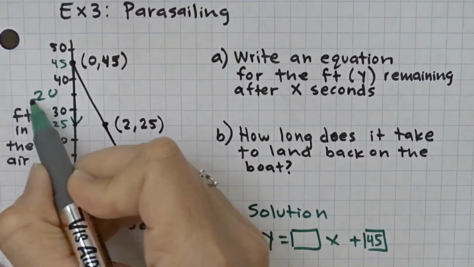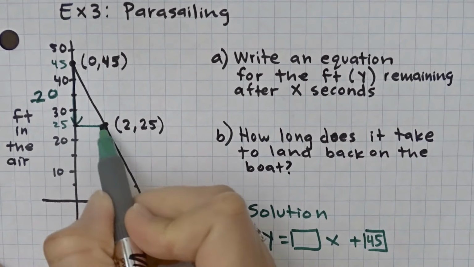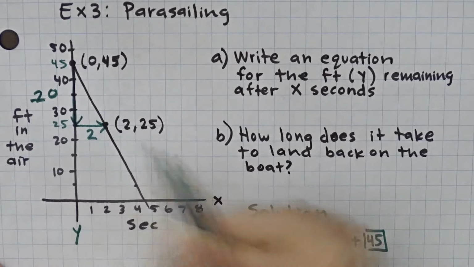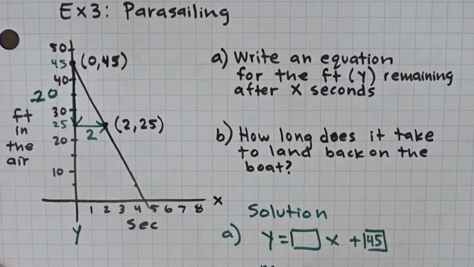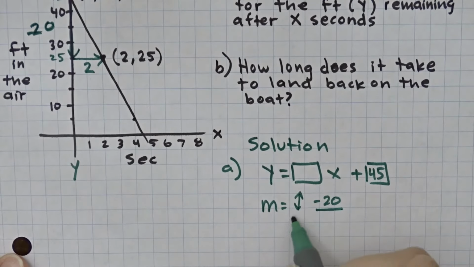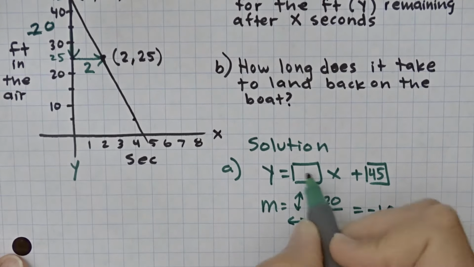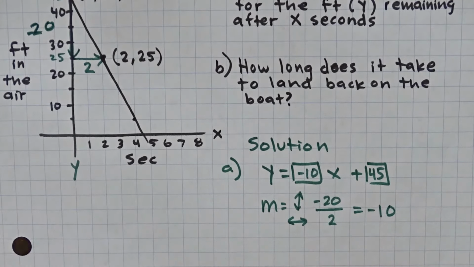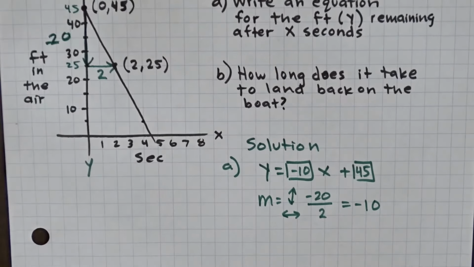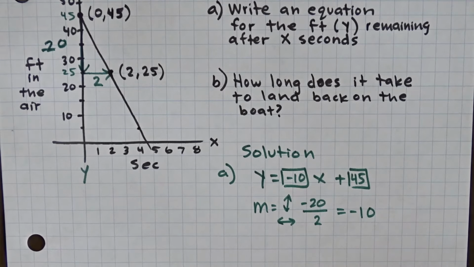So it went down 20, negative 20 down. And then to the right, that's just positive 2 seconds. So my slope, which is usually the vertical change, which was negative 20, divided by my horizontal change, which is 2, gives me a slope of negative 10. Okay. So negative 10 is my slope, 45 is my y-intercept.